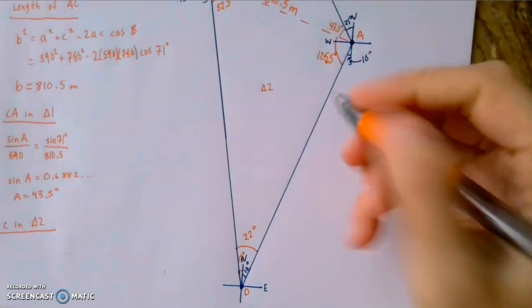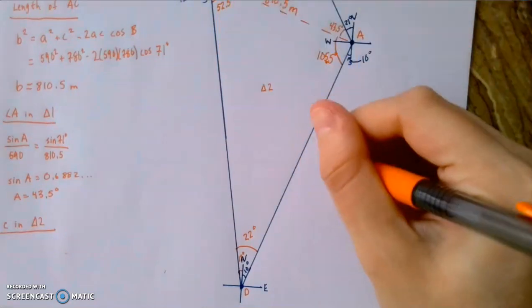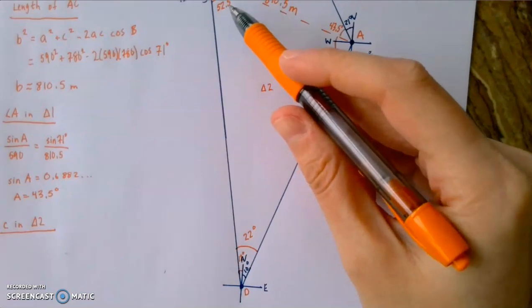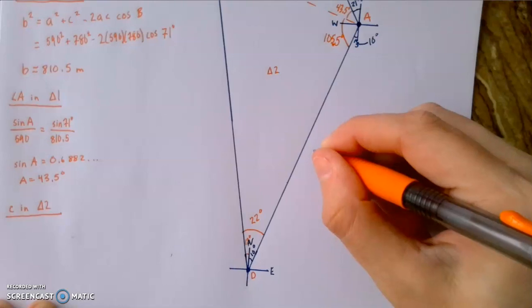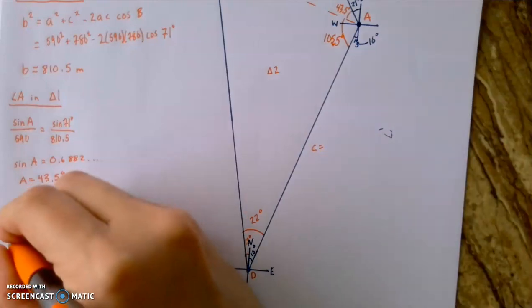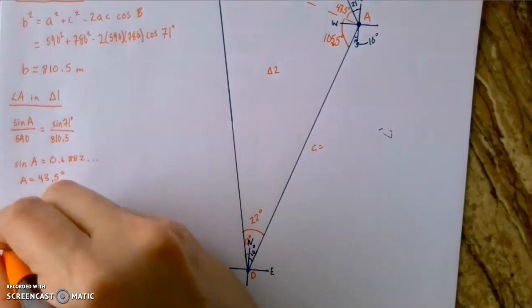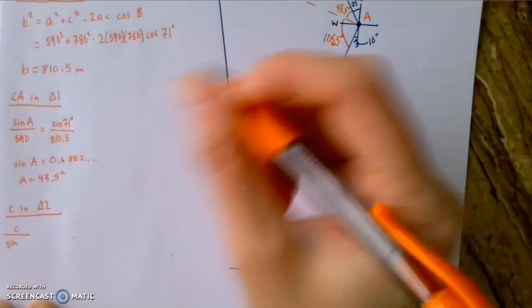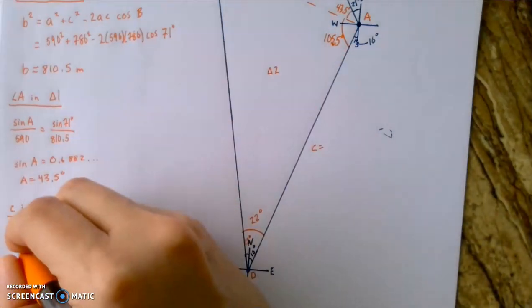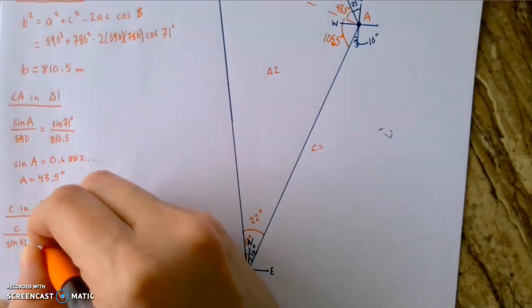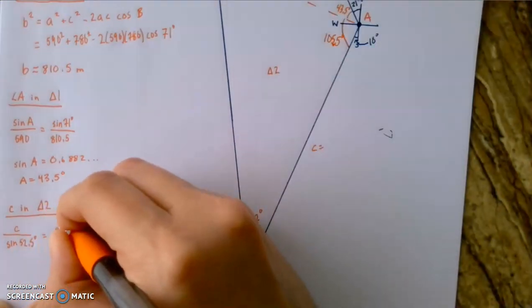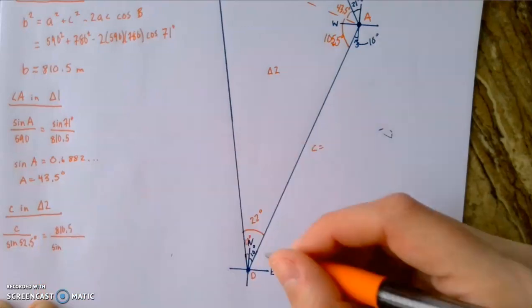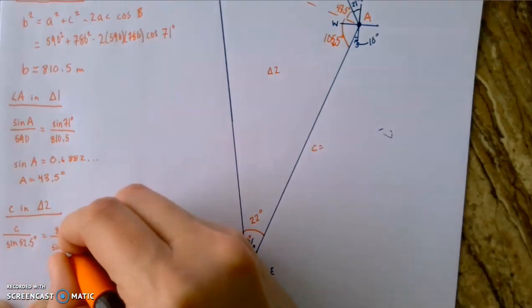So if I want to find this side, I can use the corresponding angle. We're going to use law of sines again. So I'm going to find side C. I have C over sine of angle C, which is 52.5 degrees, is equal to 810.5 over sine of 22 degrees.